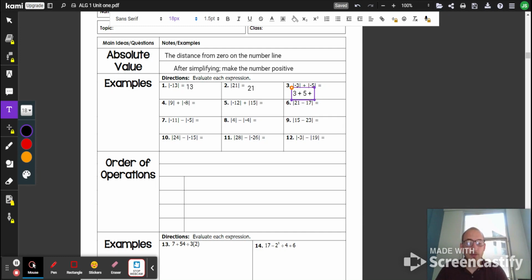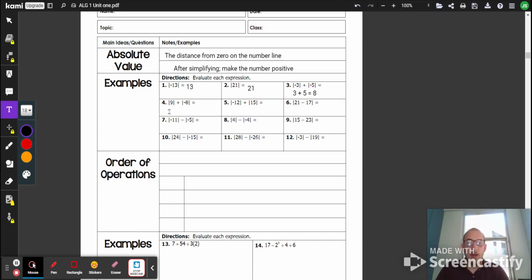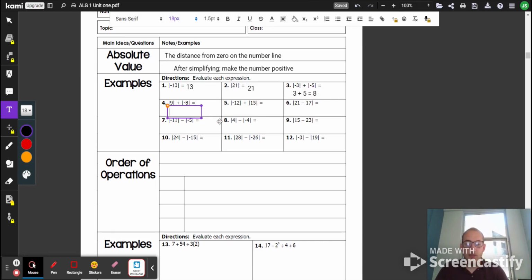After you simplify the absolute value symbols, what's 3 plus 5? 8. Let's do 9 plus the absolute value of 8, which is 8, equals 17. And the last one in this example, 12 plus 15 equals 27.